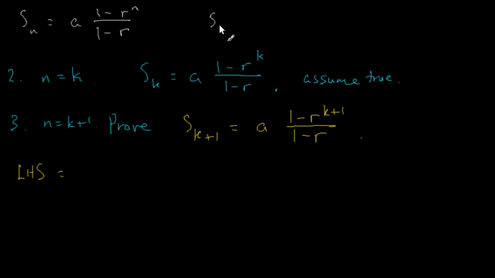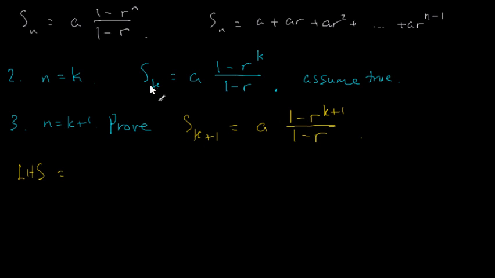So, for example, Sn is supposed to be a plus ar plus ar squared plus dot dot dot until ar to the power of n minus 1. So that's the basic sum that we want to prove. So from this and this, we have to try and relate it to what we see here in this equation that we would want to prove.